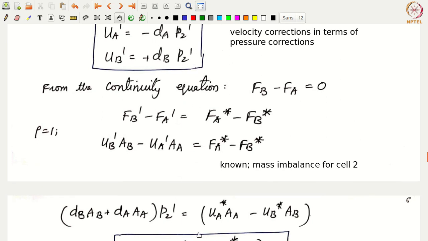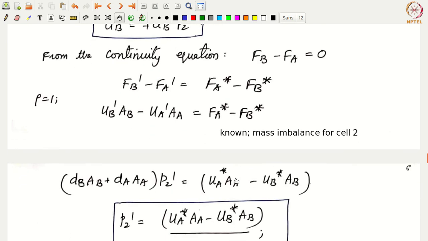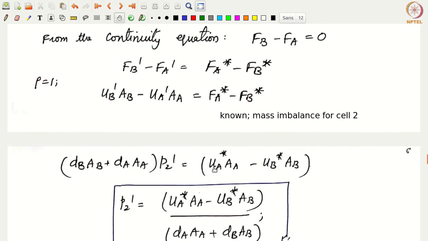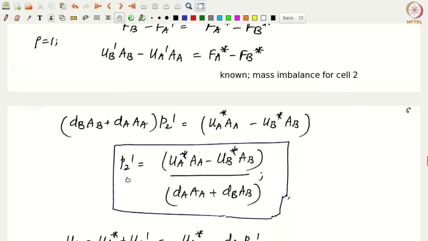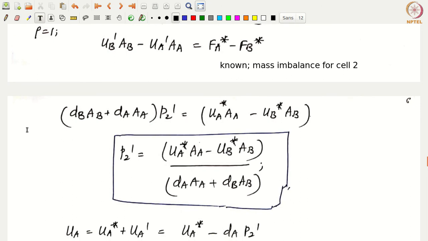That is P2 prime equals, on the right hand side, FA star with rho equals 1. So this is UA star AA minus UB star AB, because we only know the star values and the cross-sectional areas. That means we know everything on the right hand side. We know the coefficients here, the cross-sectional areas are known, and the d values are known. That means we can write an equation for pressure correction for cell 2. So this is basically the pressure correction equation for cell 2.